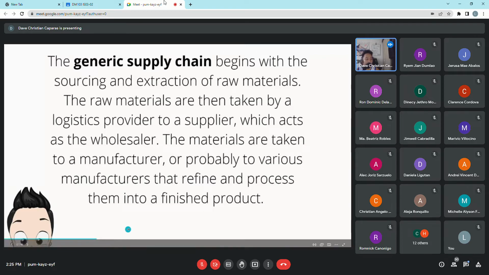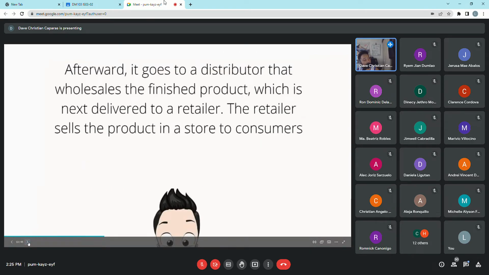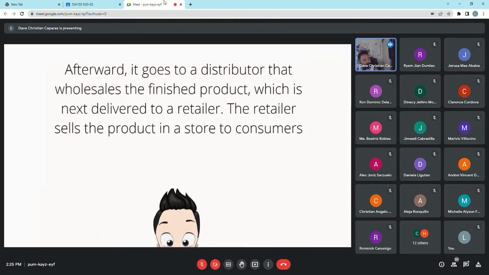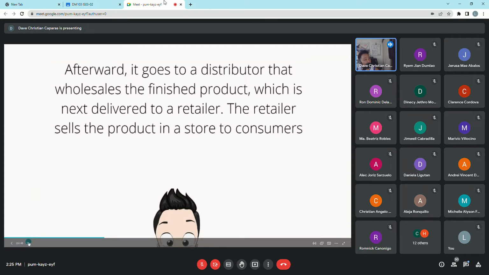Okay, after that, what will happen? Afterward, it goes to the distributor. So, yung mga distributor na yan will then be responsible to distribute these products to the different retailers. For what reason? Kasi tayo, doon tayo bibili sa retailers. For us to be able to have access sa produkto, kailangan natin bumili through the retailers.